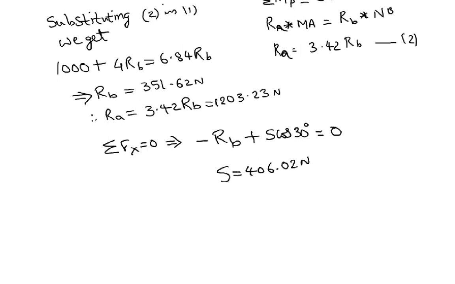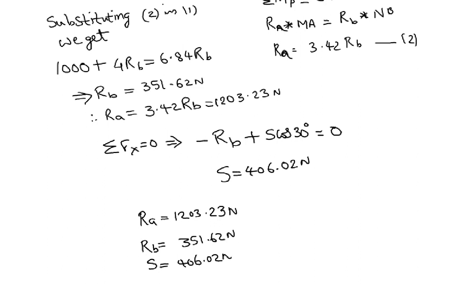So you list your answers: RA is equal to 1203.23 newtons, RB is 351.62 newtons, and S is equal to 406.02 newtons. That will be your answer, and you will show it in a box. We'll work through a couple more problems in subsequent lessons.